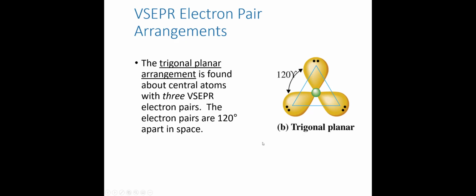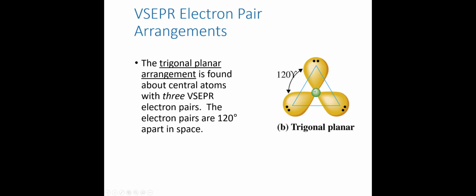The next group here is what we will call a trigonal planar arrangement, and that is when a central atom has 3 electron pair groups around it. What are the possibilities? Remember that to be a central atom, you have to have at least 2 atoms bonded to you.